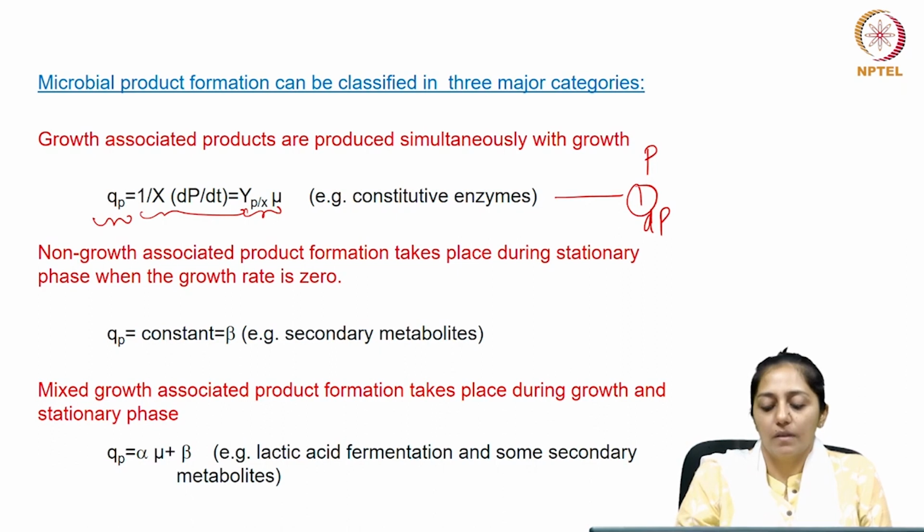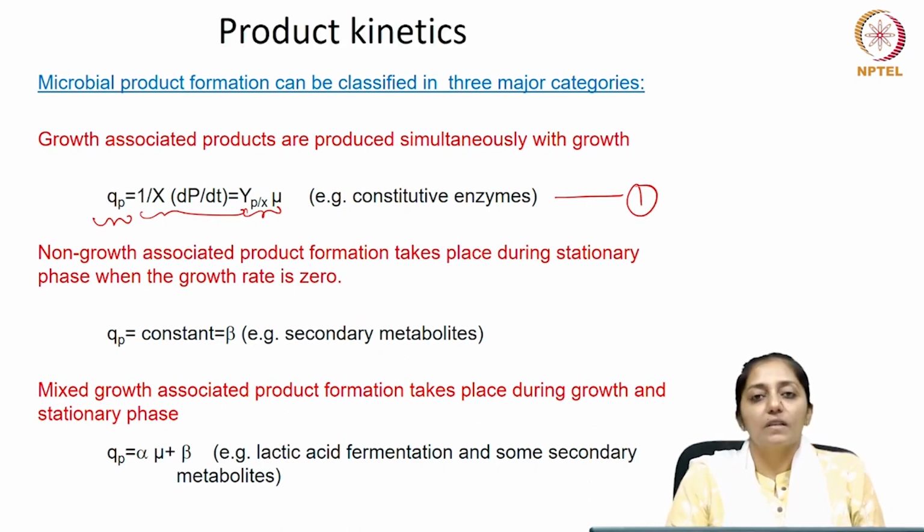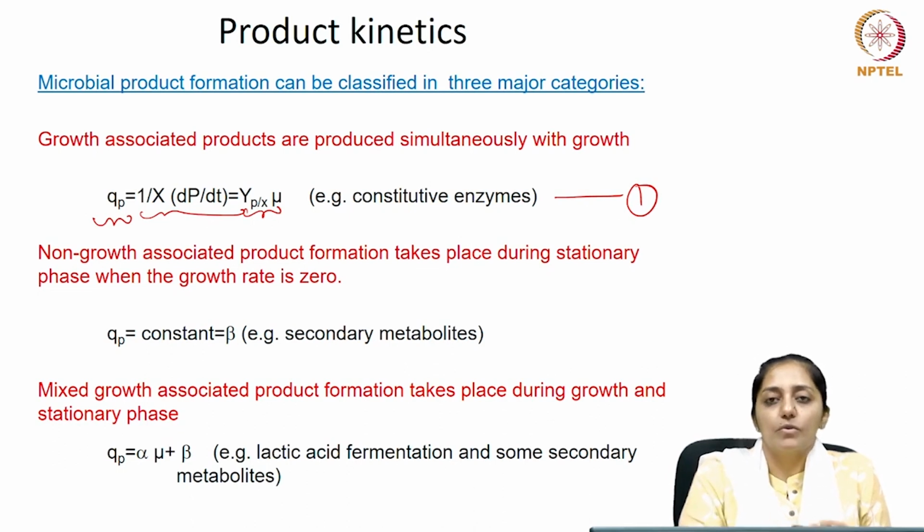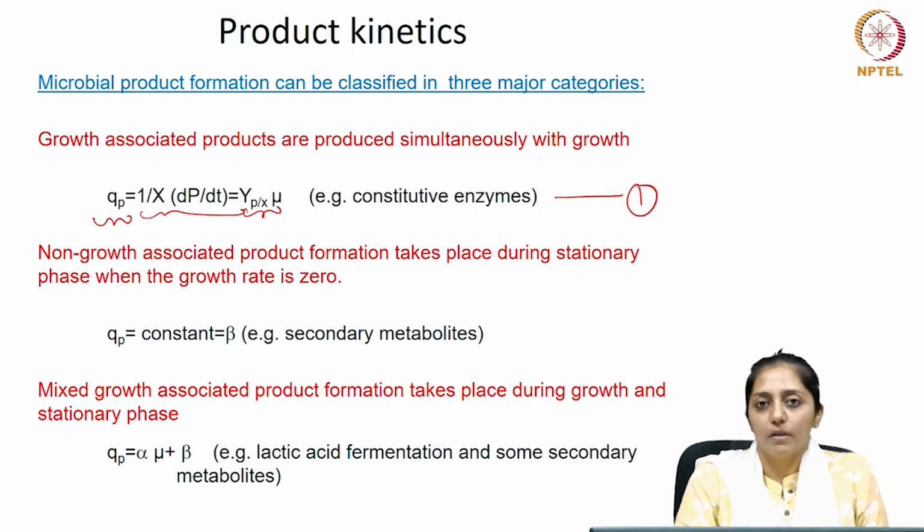So this is equation 1. This is used to demonstrate growth associated product formation, which means that the product formation is a function of the growth rate.